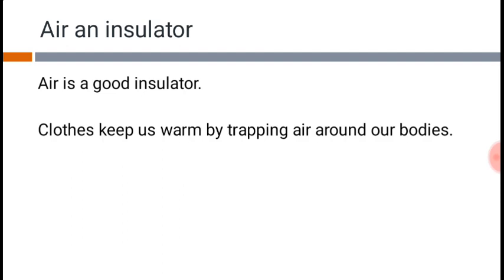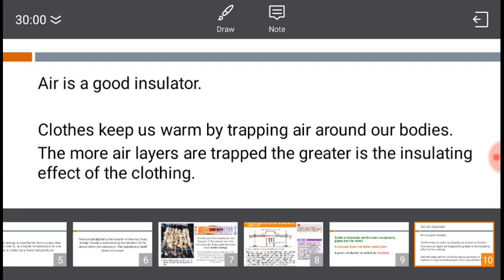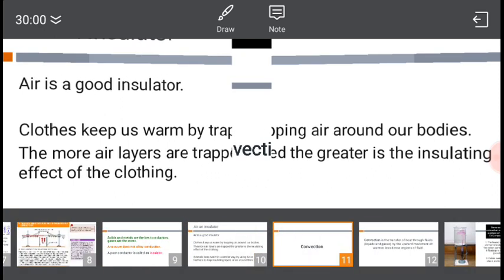Okay, let's go to the next slide. It's about our next topic, which is known as convection. We discussed that conduction happens only in metals, in solid objects. This convection process happens only in fluids, that is in gases and liquids.